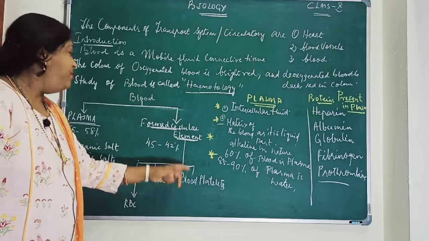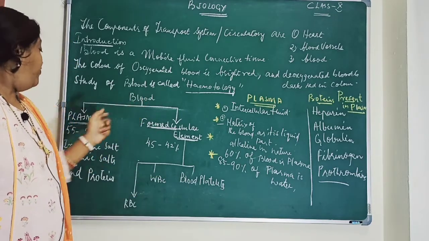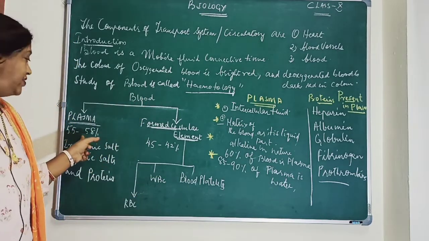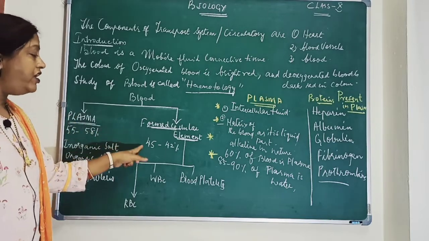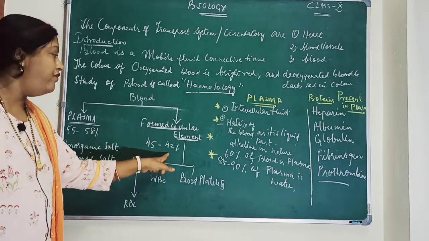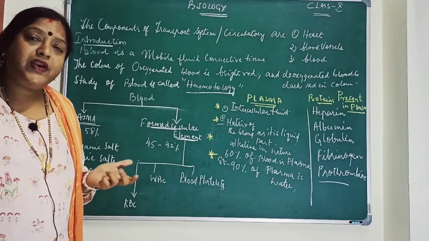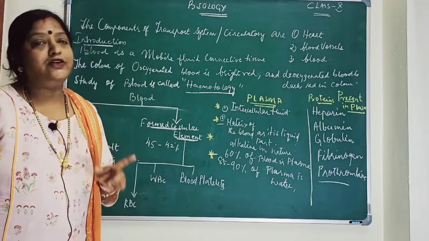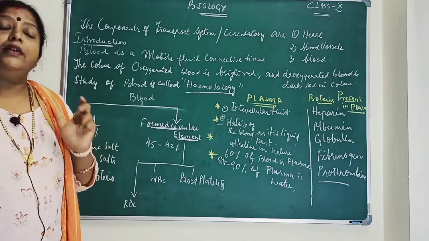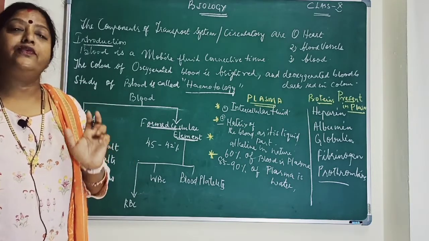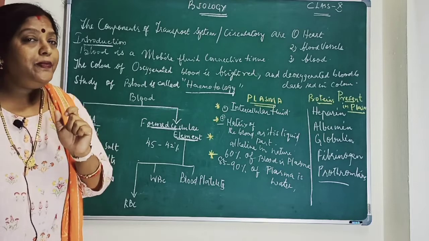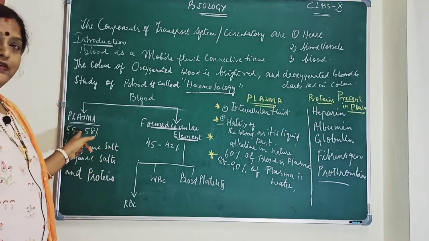Blood consists of 55 to 58% of plasma and 45 to 42% of corpuscles or cells. Approximately you can say 60% of the blood is plasma and the remaining 40% consists of corpuscles. Today we will be learning about plasma, children.